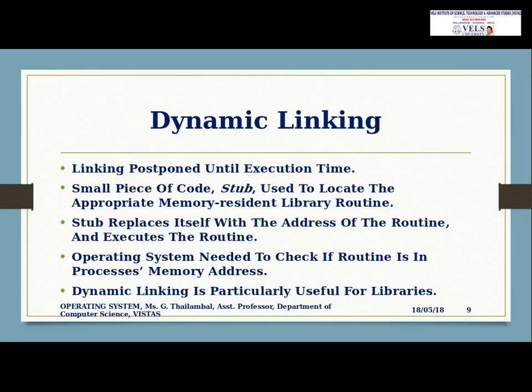So the stub is replaced with the address of the routine which you are going to execute at runtime. And dynamic linking is particularly available for library functions, like I have told you, mathematical functions sin, cos, or any string functions like replace, string copy. So whatever functions you use from libraries, the stub will load the function's code in that area. Then the memory will execute the complete program.